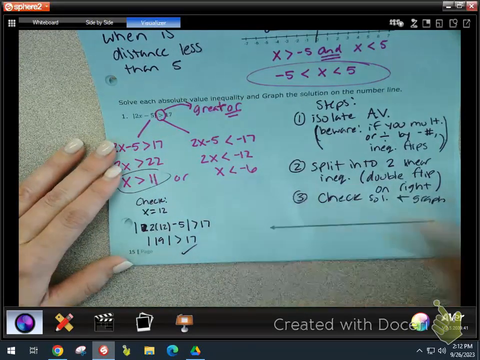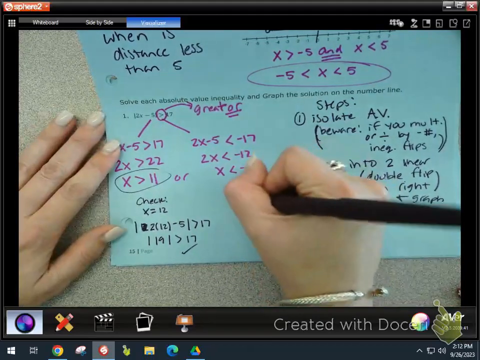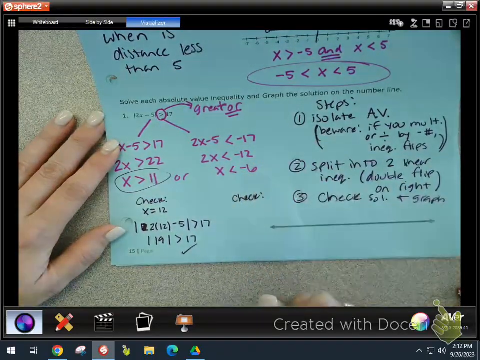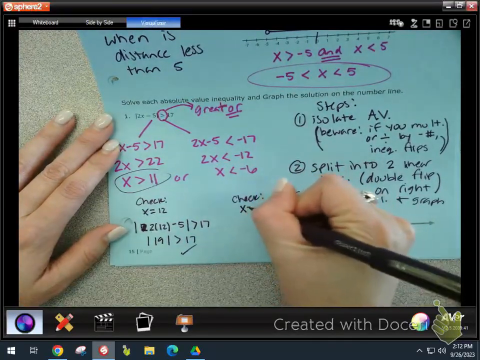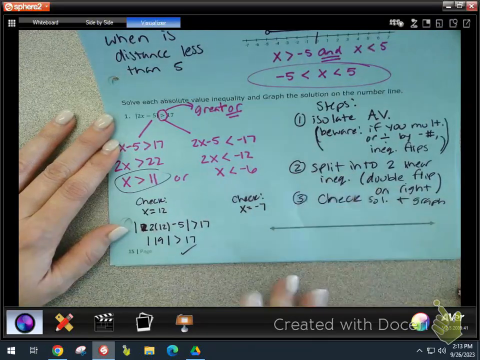I'm going to graph it all in a second. On the other side, x is less than negative 6. What's something good to check here? Negative 7.